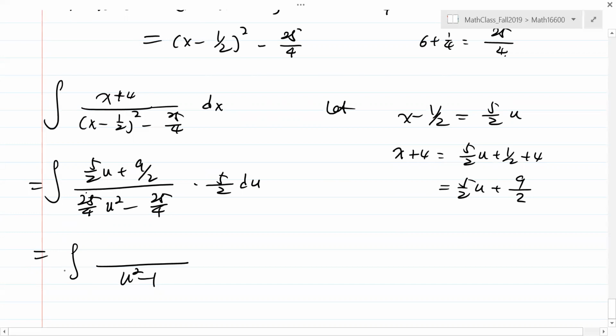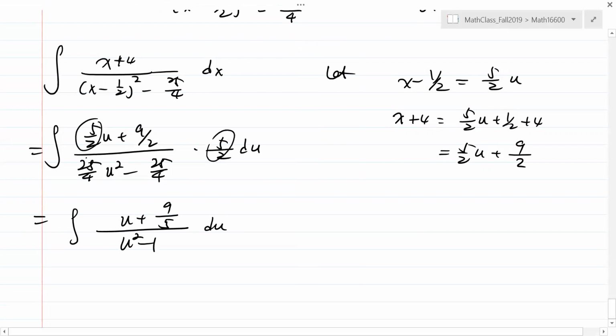How about the numerator? I think if I take this out, that'll be 9 over 5 du. You take a 5 over 2 out from the numerator, and together with another 5 over 2, you get 25 over 4 that cancels out.